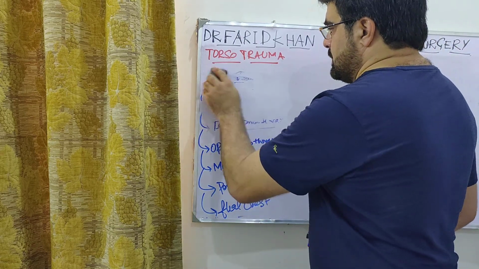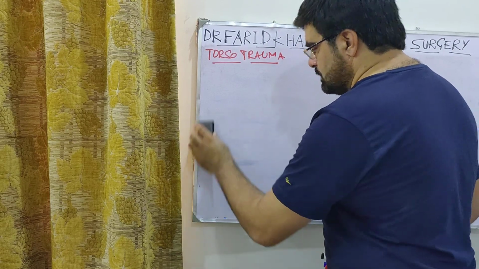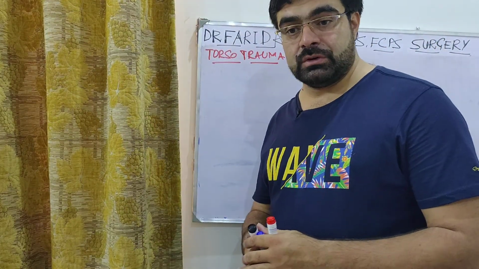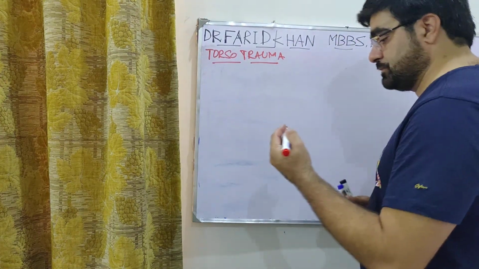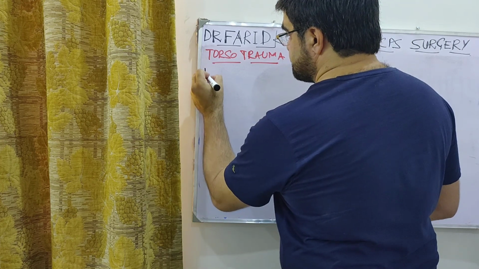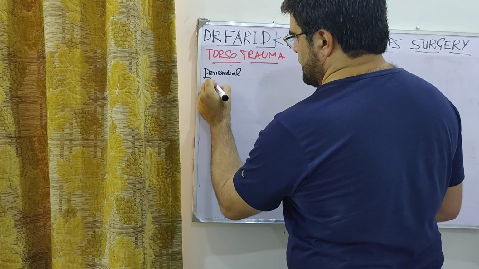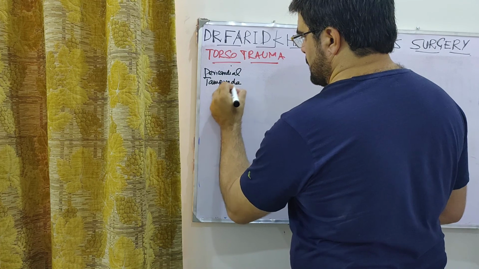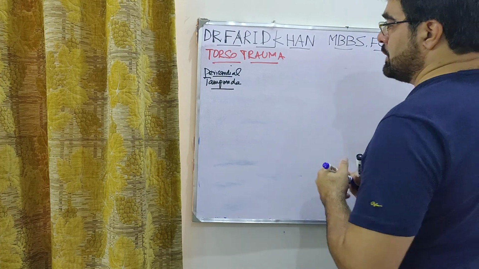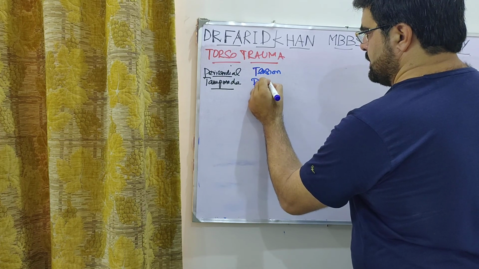So the time-tested conditions, which are very important for you, are 4. Three I will discuss now combined. One is pericardial tamponade. The other is tension pneumothorax.